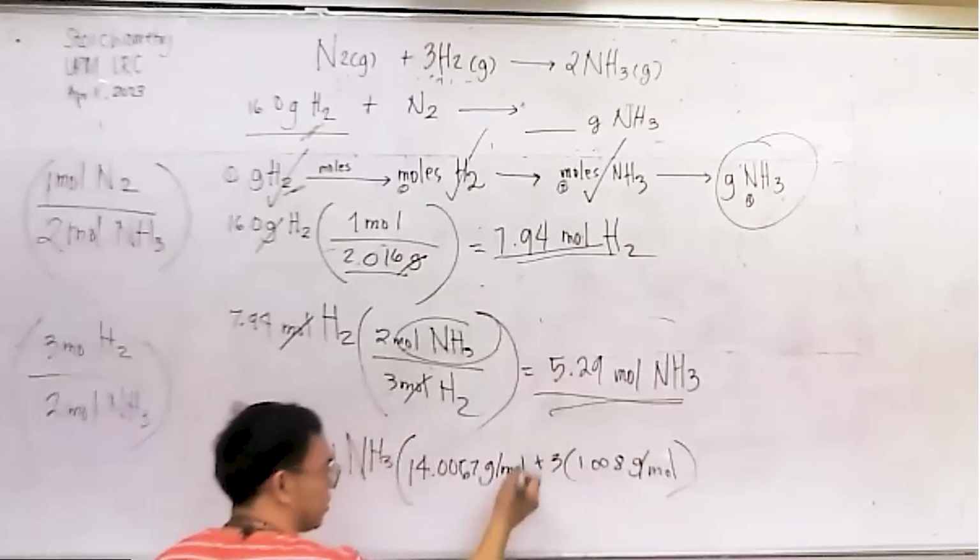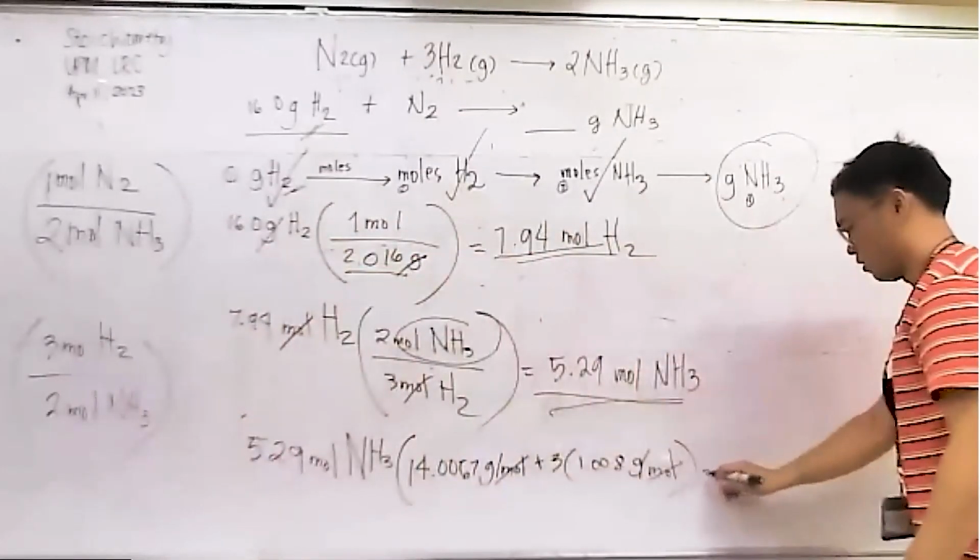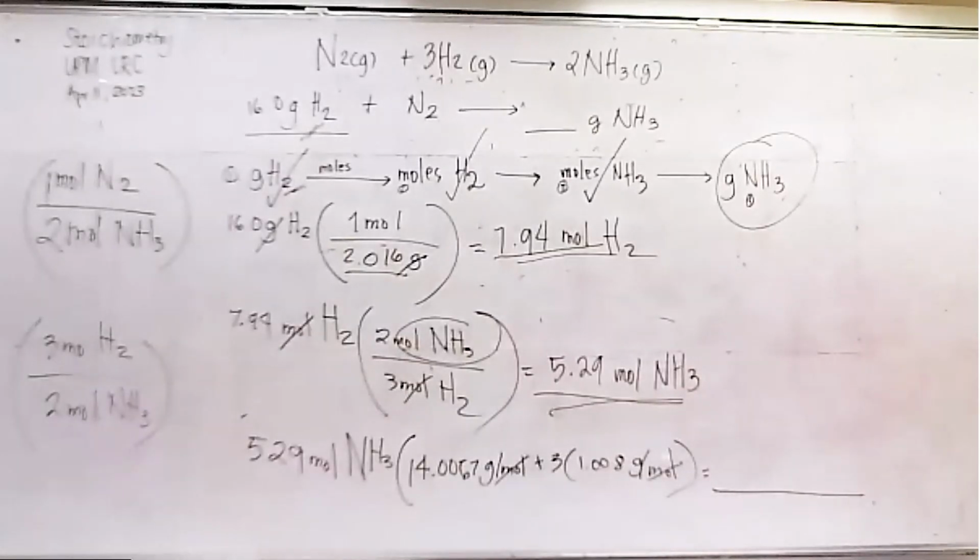Once you add that, this would cancel out to give the grams of ammonia. So, get your calculators. Let's see if we are correct.